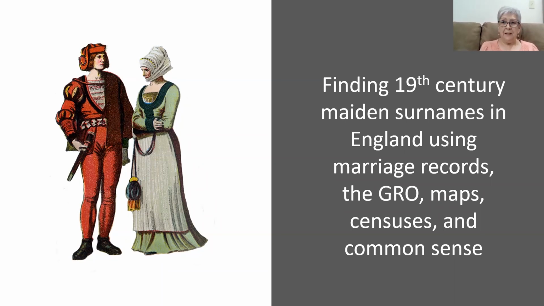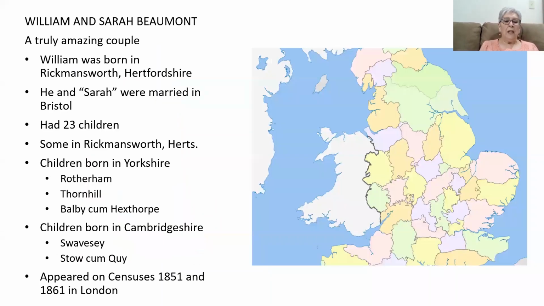So let's jump in. Here is an amazing couple, William and Sarah Beaumont. They were a really amazing couple. William was born in Rickmansworth, Hertfordshire. He and Sarah were married in Bristol. They had 23 children.